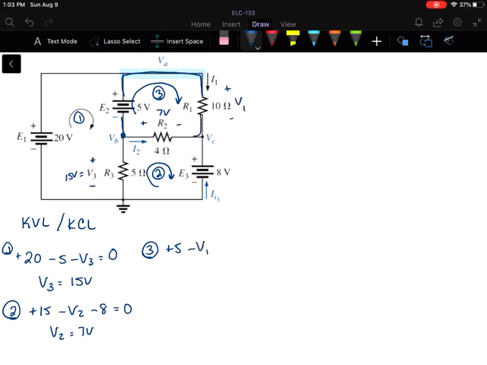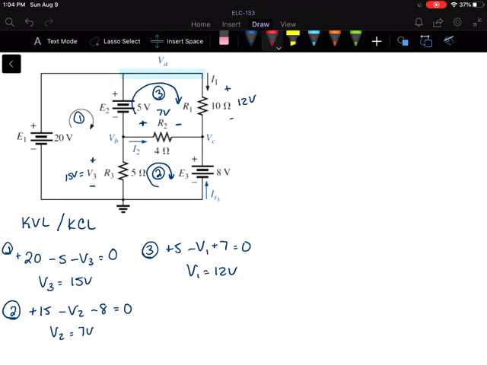And then in this direction, I actually have a voltage rise of 7 because we're going from minus to plus in that clockwise direction. So V1 would have to be 12 volts. Again, it comes out positive. Therefore, I chose the right direction that time. Again, if you get a negative answer, all you have to do is change the plus and minus to match.